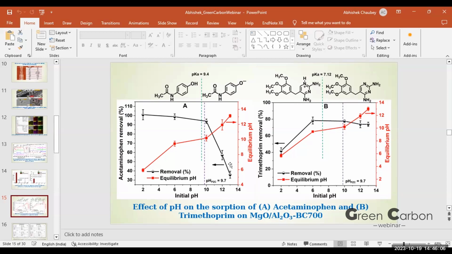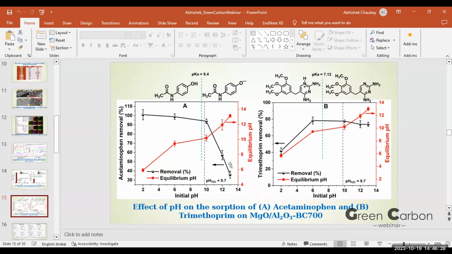But if we see the effect of pH on trimethoprim, its pKa value is 7.12. It means trimethoprim remains protonated below 7.12, and it gets deprotonated and becomes neutral above 7.12.